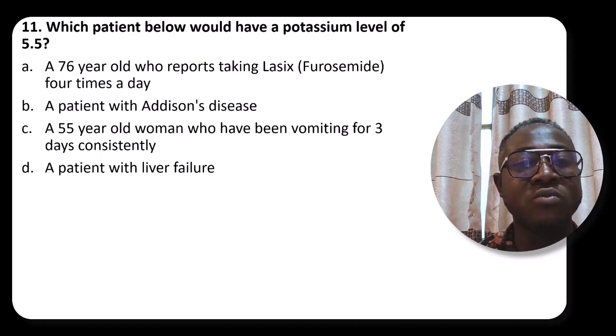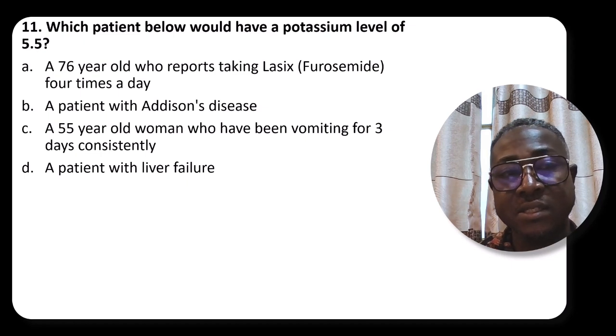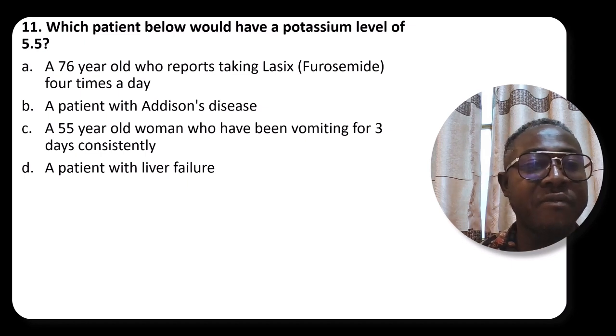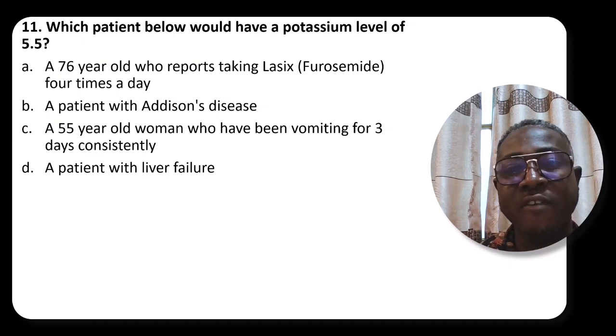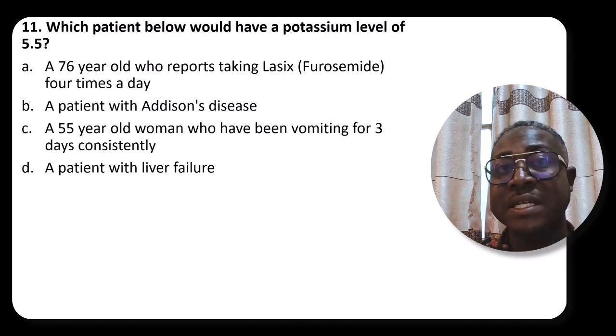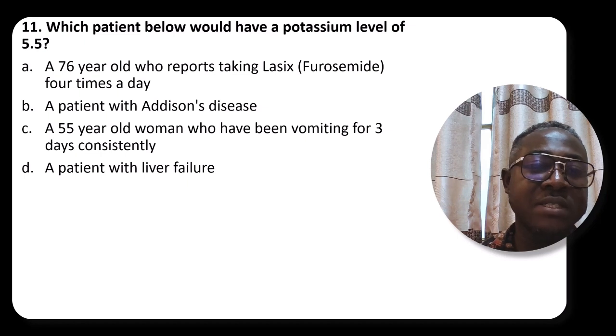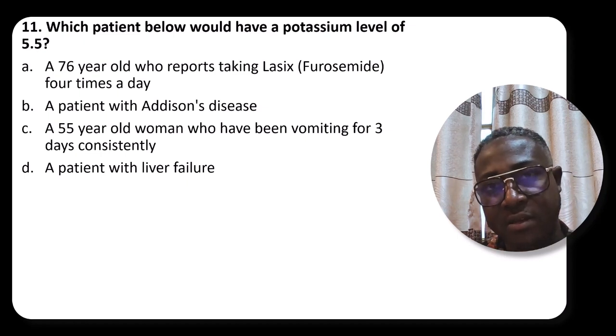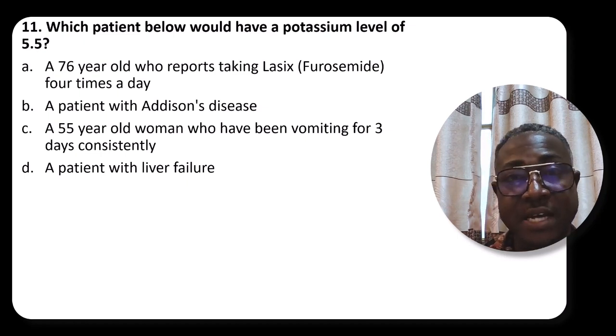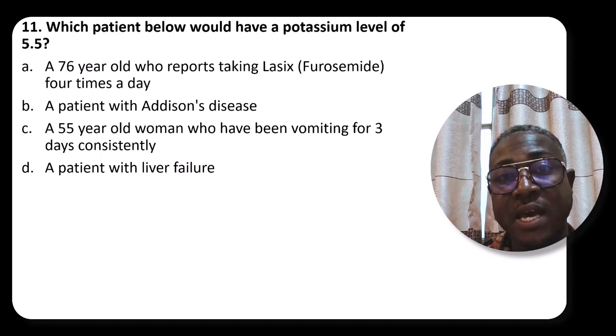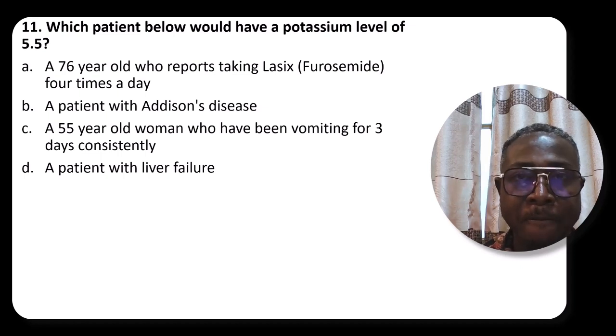B, a patient with Addison's disease. C, a 55-year-old woman who has been vomiting for 3 days consistently. And D, a patient with liver failure. Put your answer in the comment section with explanation.